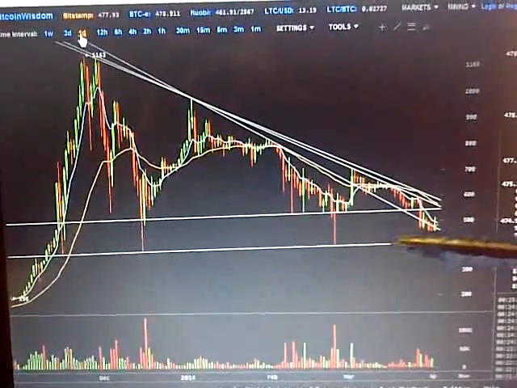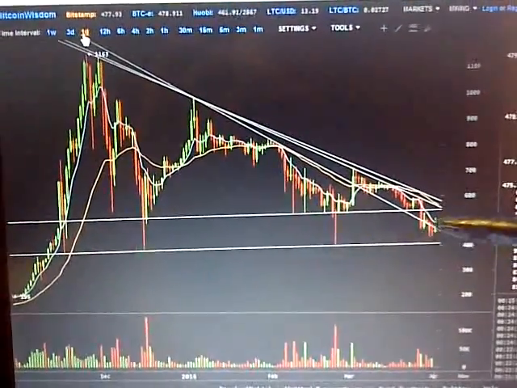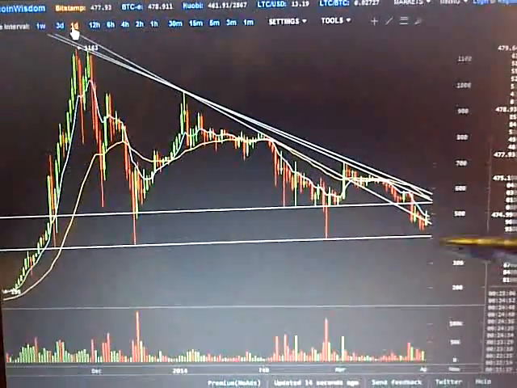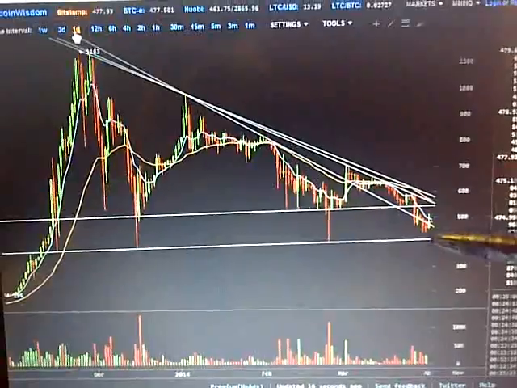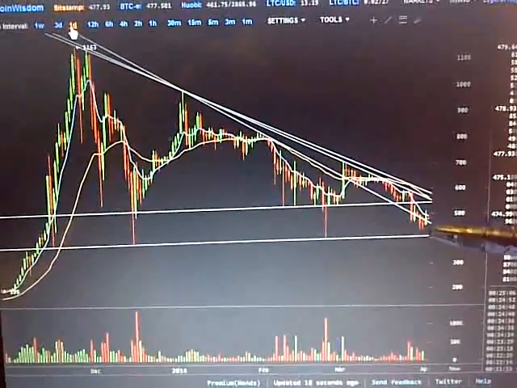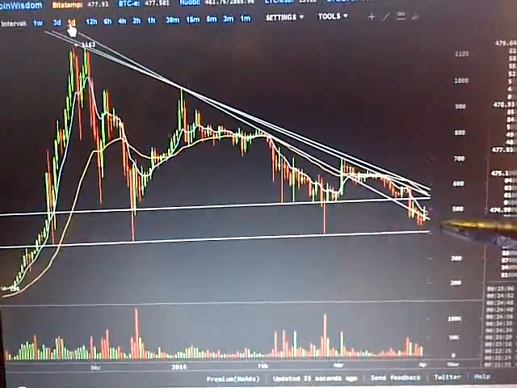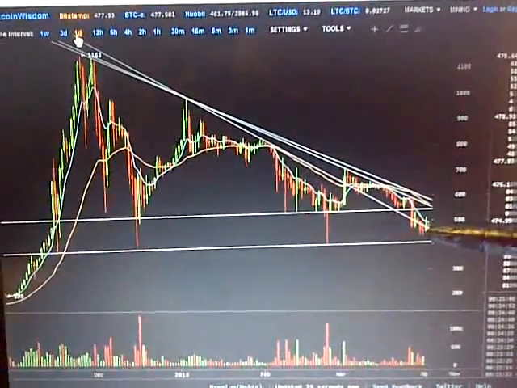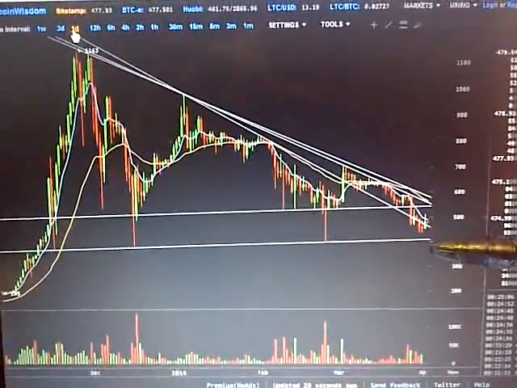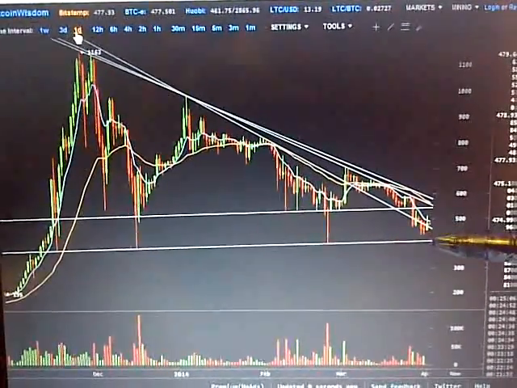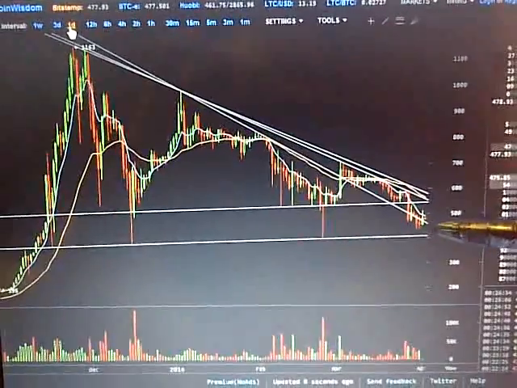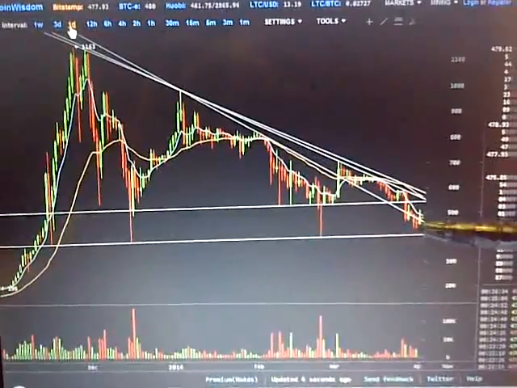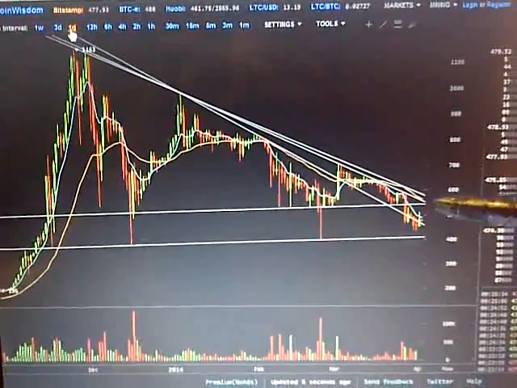Before I had something here, but obviously that's not very good. It's not really valid either. But I think it's just going to follow this until maybe it comes down closer to this price area of 400 to 420, where it was before. It may bounce around here. If you're lucky, you may hit 420. I don't think it'll actually go down to 400, but it'll probably go down to 420 here, and then work its way back up.